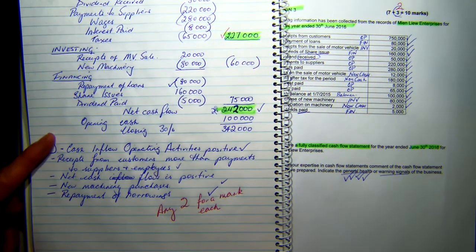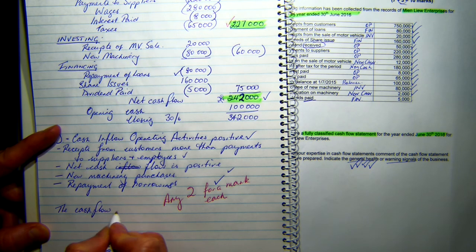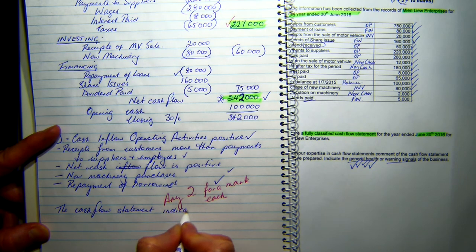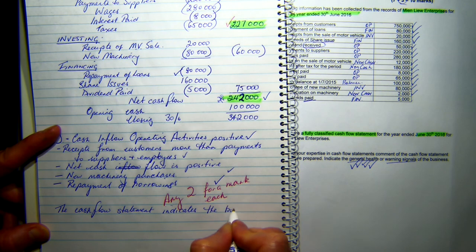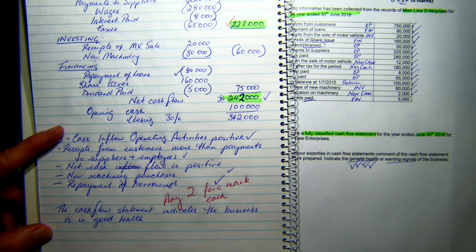Now the third mark would be for the business. The cash flow statement indicates the business is in good health. So that'll give you another mark.